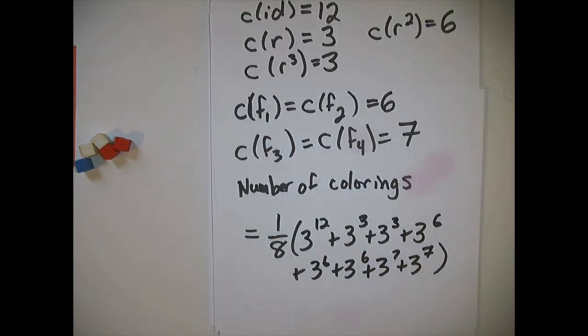Okay, and so you can type this into a calculator, and then you'll figure out what number this is. In fact, I'll go ahead and do that right now for you. Let's see. 1/8 times 3 to the 12th plus 3 cubed plus 3 cubed.